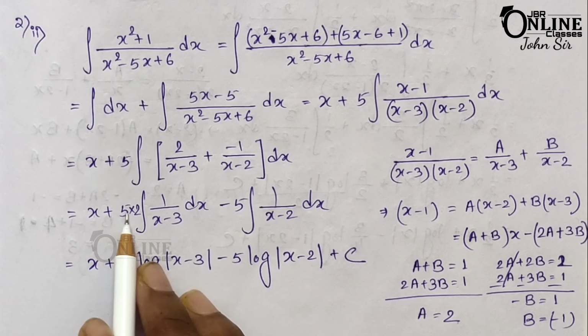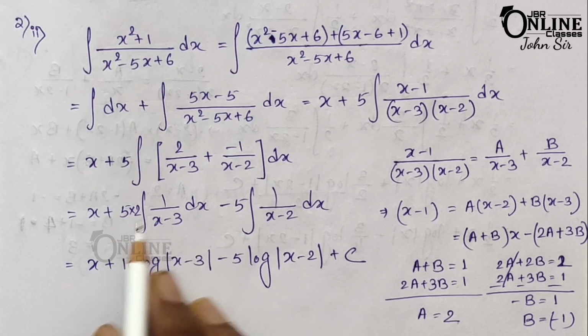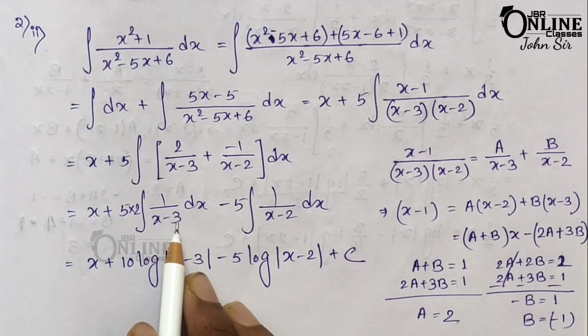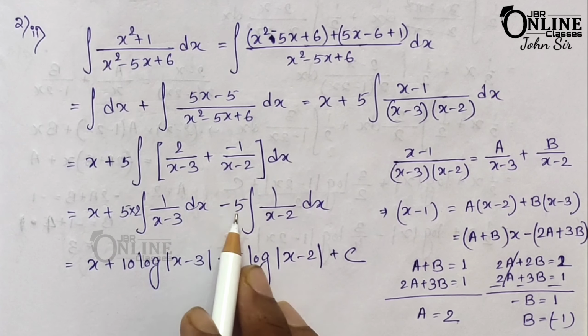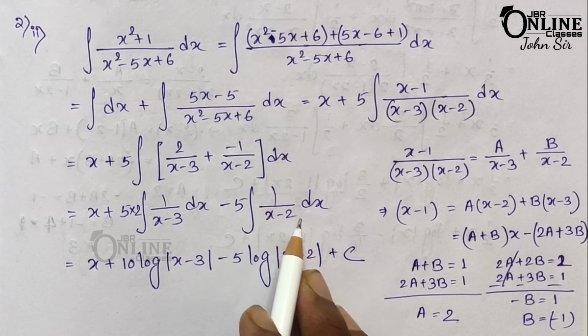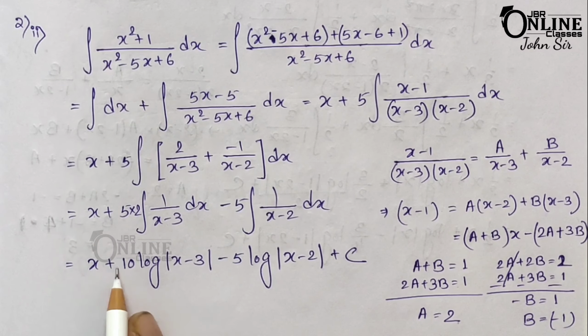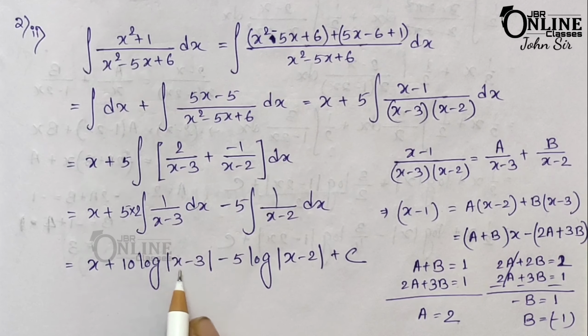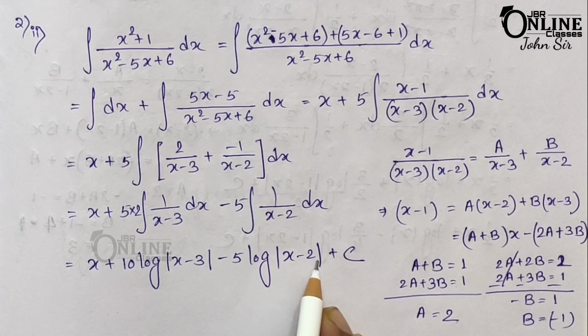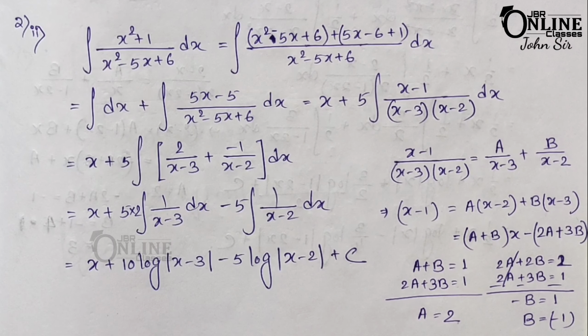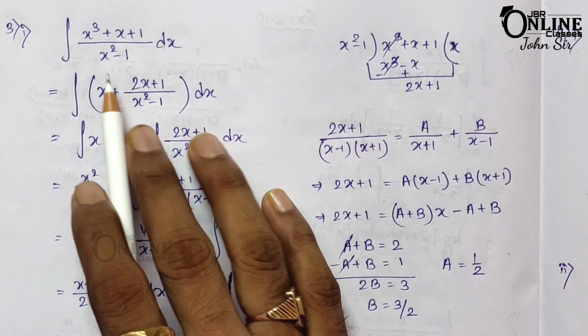Then x plus 5 into 2 is 10 integration 1 by (x minus 3), and here minus, so minus 5 integration 1 by (x minus 2) dx. So x plus 10 log mod (x minus 3) minus 5 log mod (x minus 2) plus c.